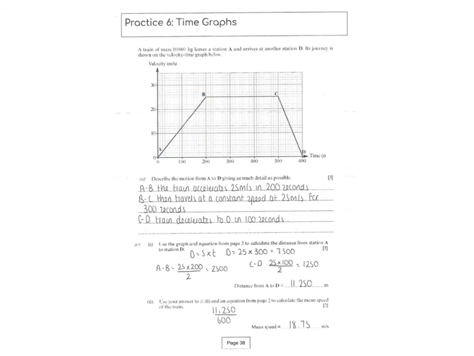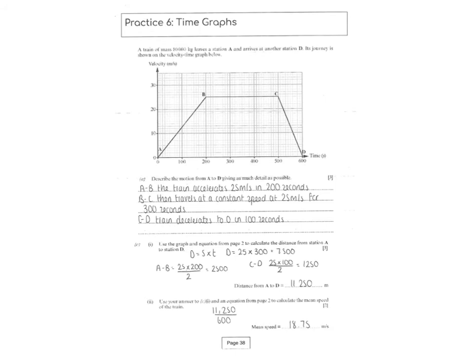Between B and C, it travels at constant speed, remaining at 25 metres per second for 300 seconds. Between C and D, the train decelerates, so it's slowing down, to 0, so it stops, and it takes 100 seconds.